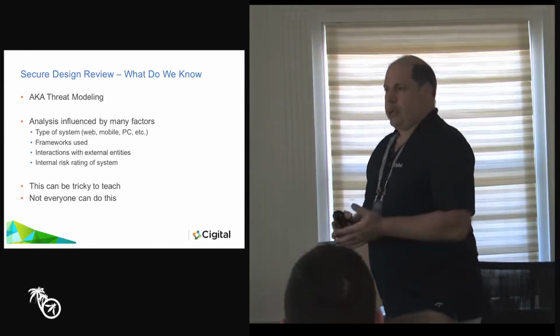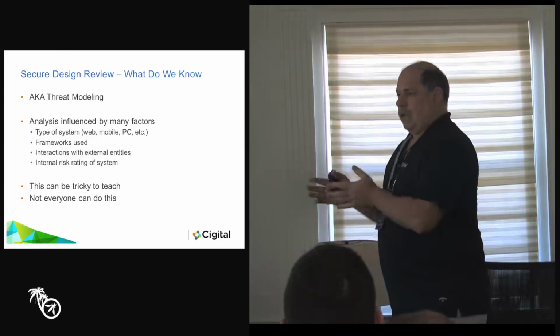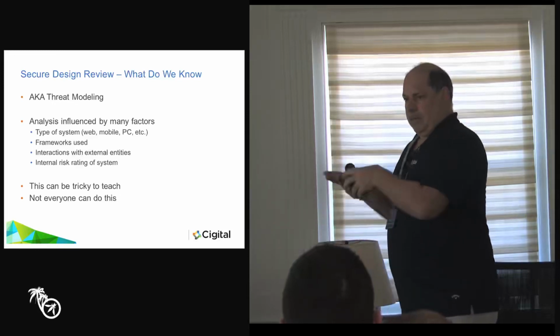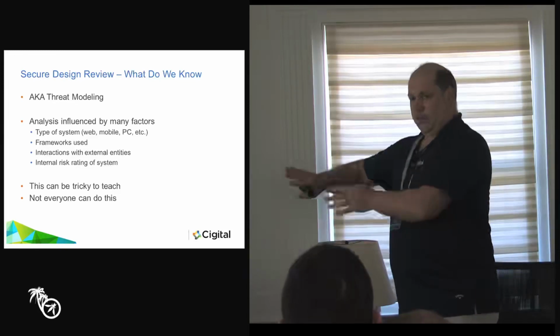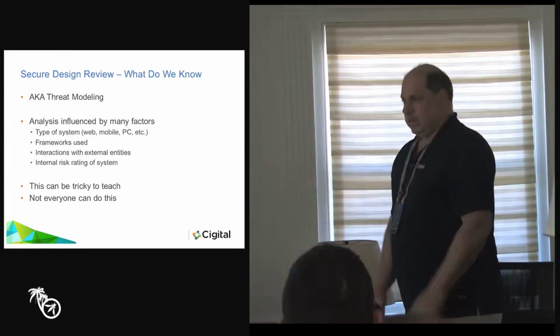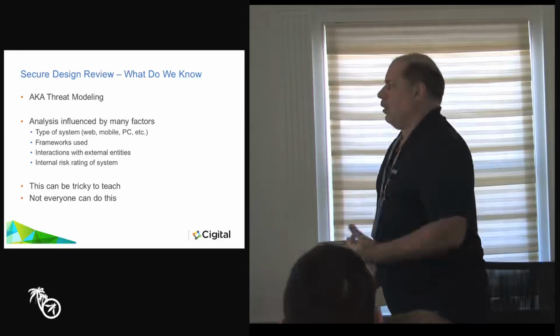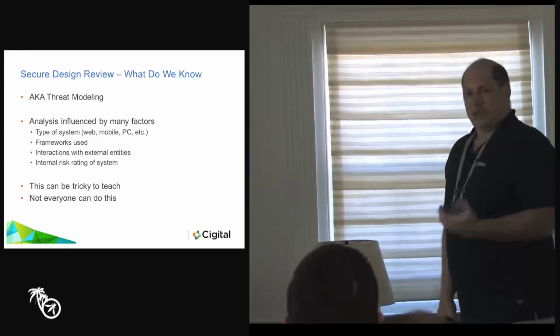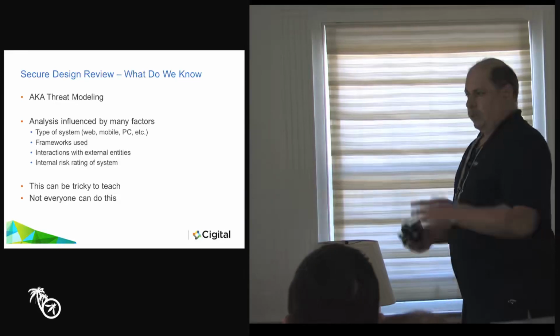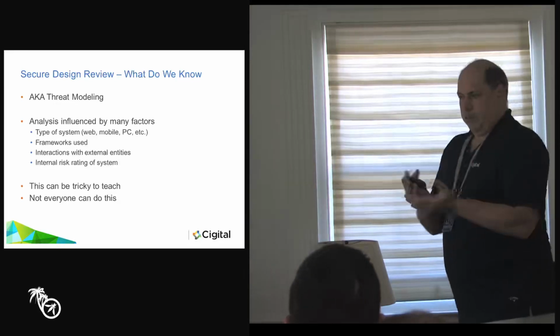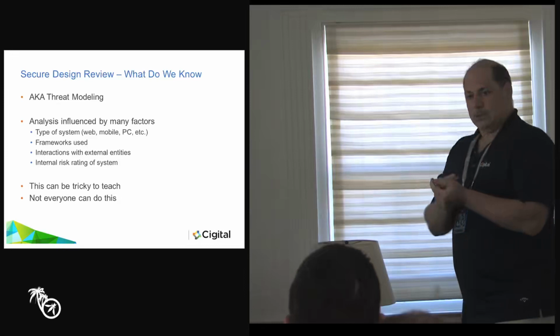So even if it had some shared code, the design effort for that app through the jump box should get a totally different level of effort than that mobile app, right? So we need to understand a lot of different factors about how the system is being deployed and used, whereas when we're looking at a piece of code, the code review tool doesn't really know how the software is being used.